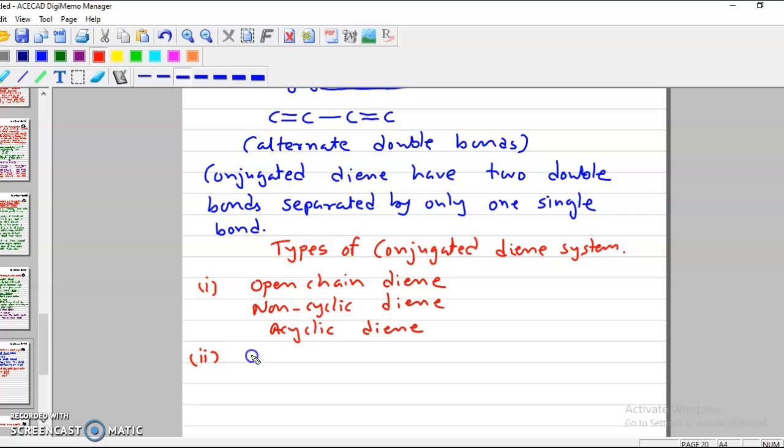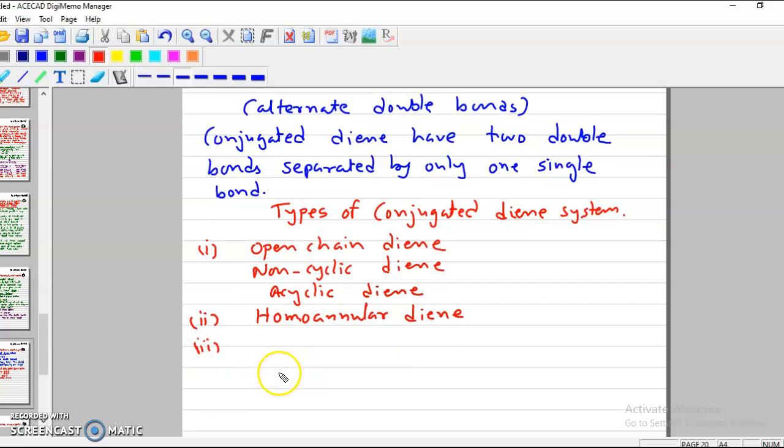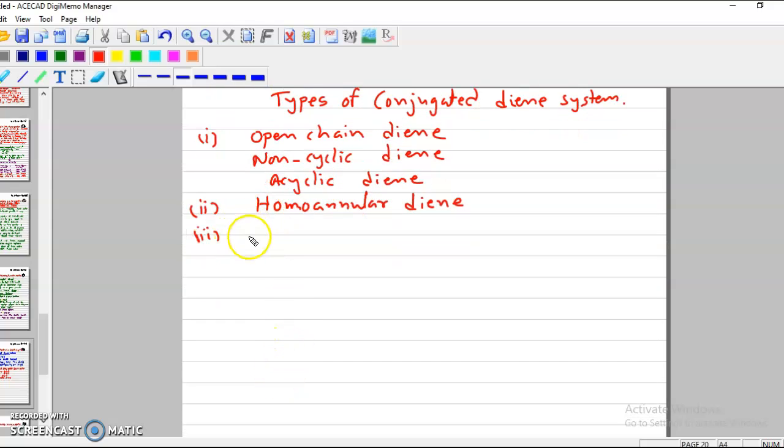Second is known as the homoannular diene system. And the third one is known as the heteroannular diene system.